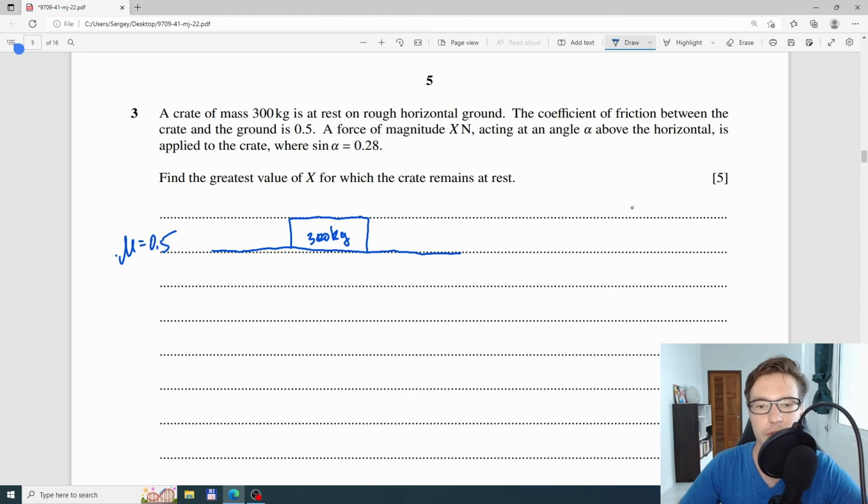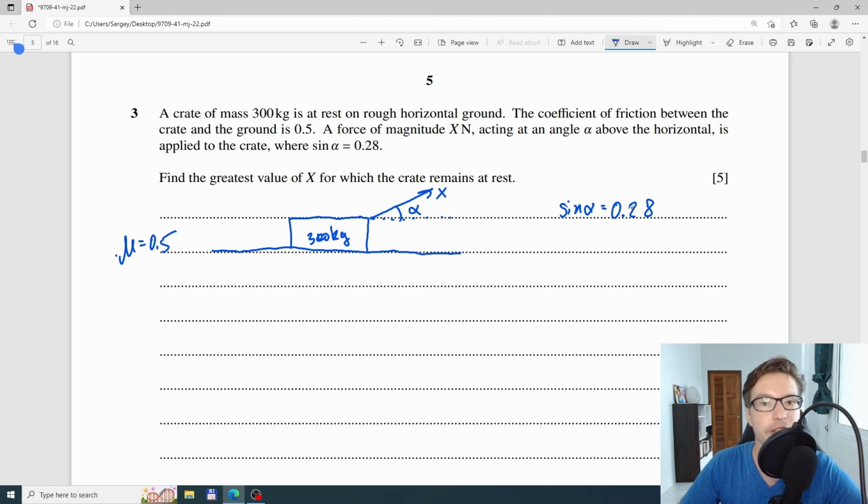And we also have the force of X newtons acting at an angle alpha. Let's say this is X, and that is going to be alpha. We know that sine alpha equals to 0.28. And we have to find the greatest value of X for which the crate remains at rest.